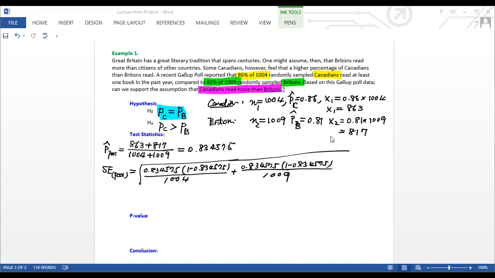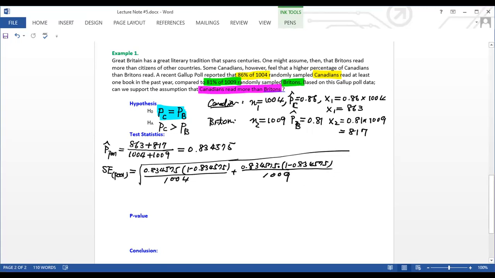I put it into the calculator and got the pooled standard error.